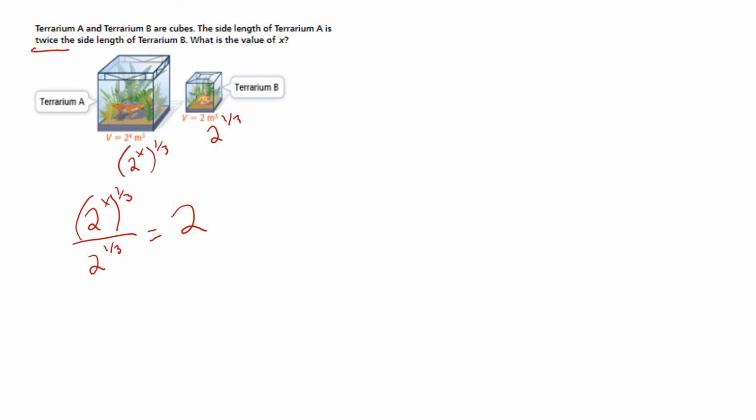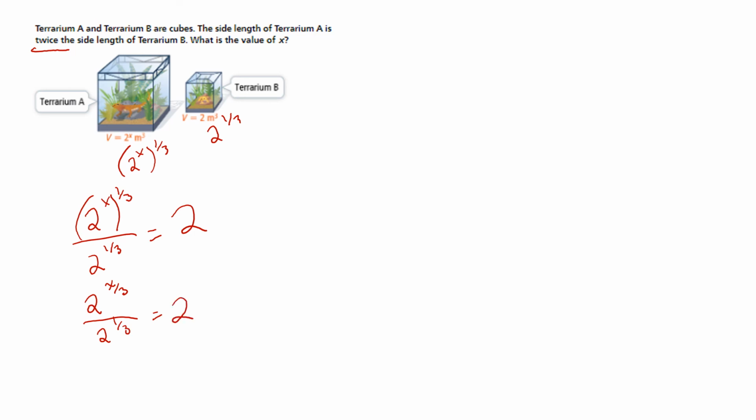So we can do the multiplication here. We have x times 1/3 will be 2 to the x over 3, over 2 to the 1/3 equals 2. We're dividing.